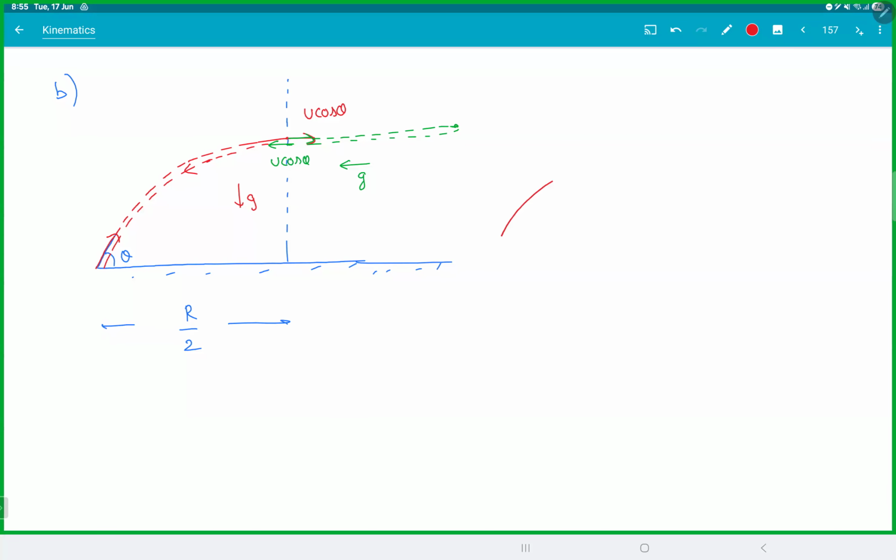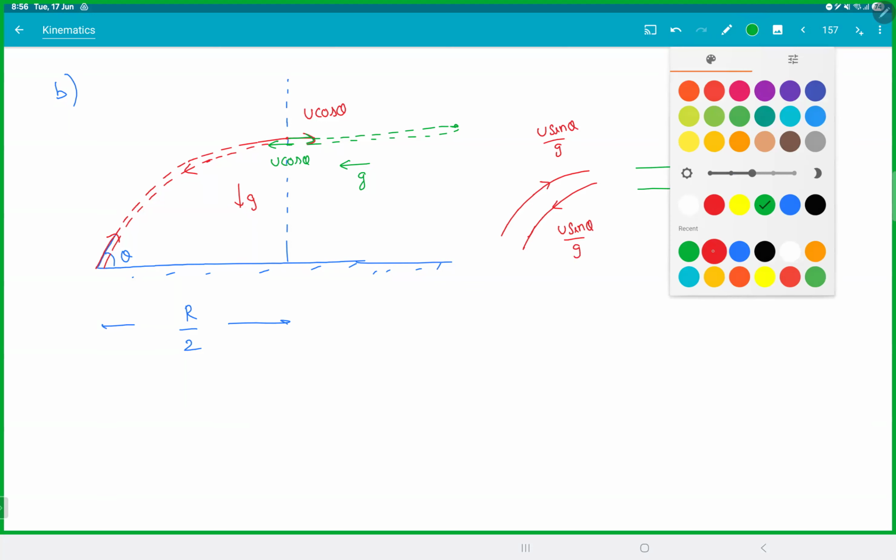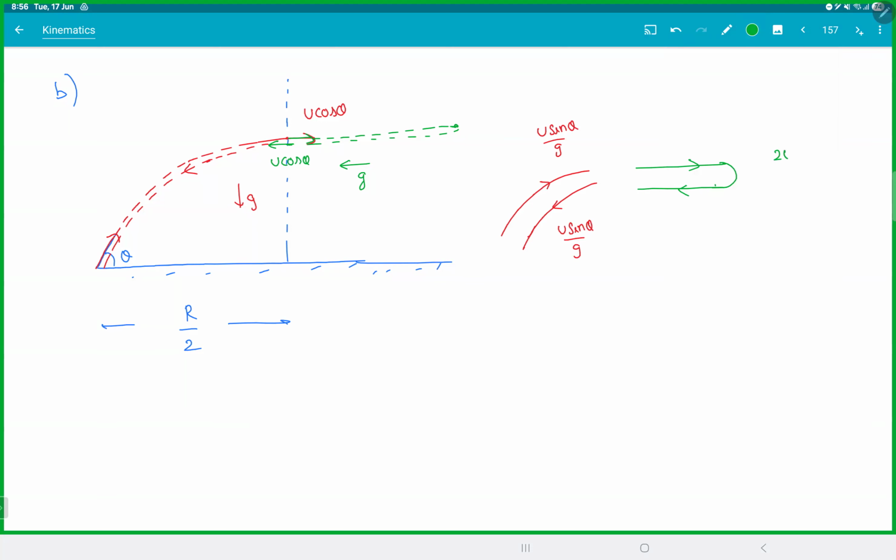So you can split the whole motion into 4 parts. So this is one part. This is one part. Then you'll come back again. And then you land again like this. So what is this thing? This is the time of ascent, u sine theta by g. This will be u sine theta by g. This green one, to go and come back, this will be 2u cos theta by g. That is just like your regular vertical projection.